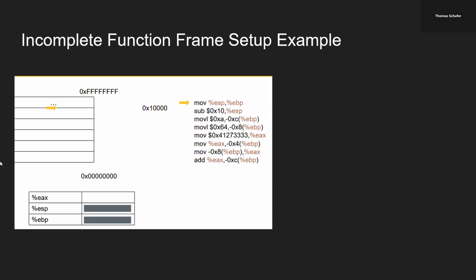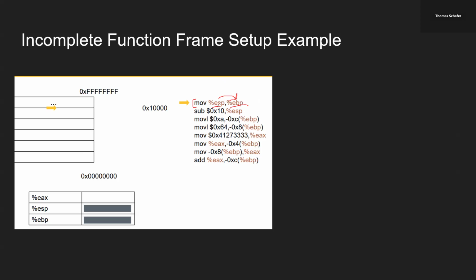And so when we look at this example from your guys' notes, we see, hey, when we are setting up the function frame, we move this ESP or this EBP into, I think I have it backwards. I always forget the order because this is Intel syntax.